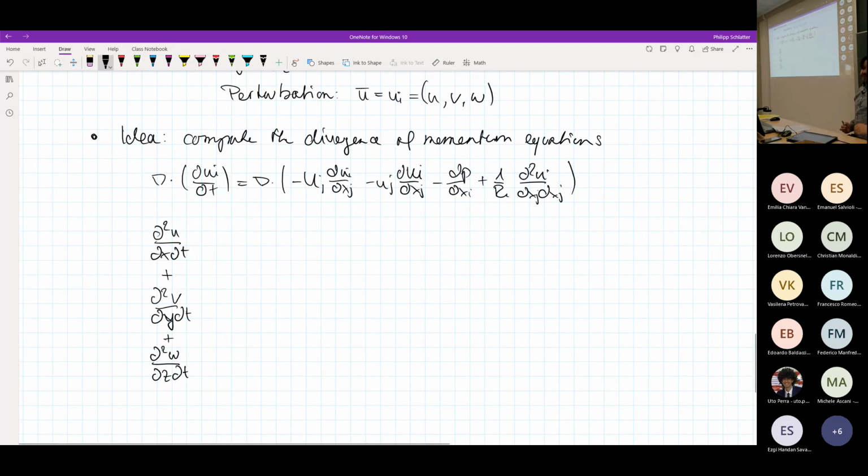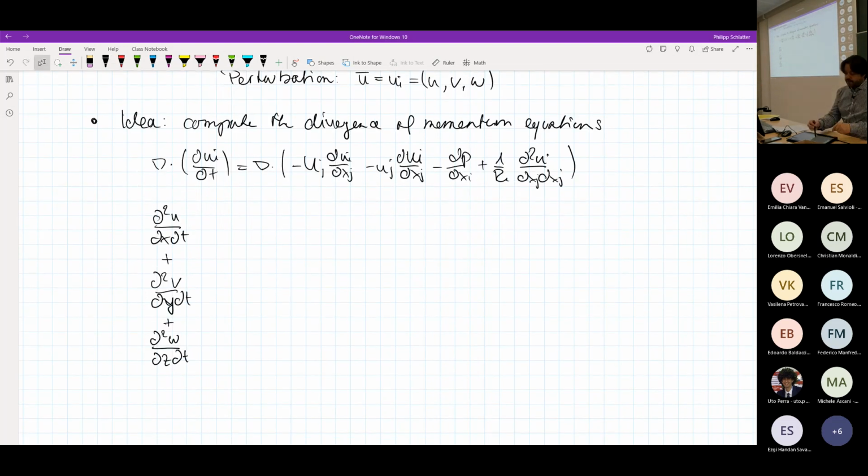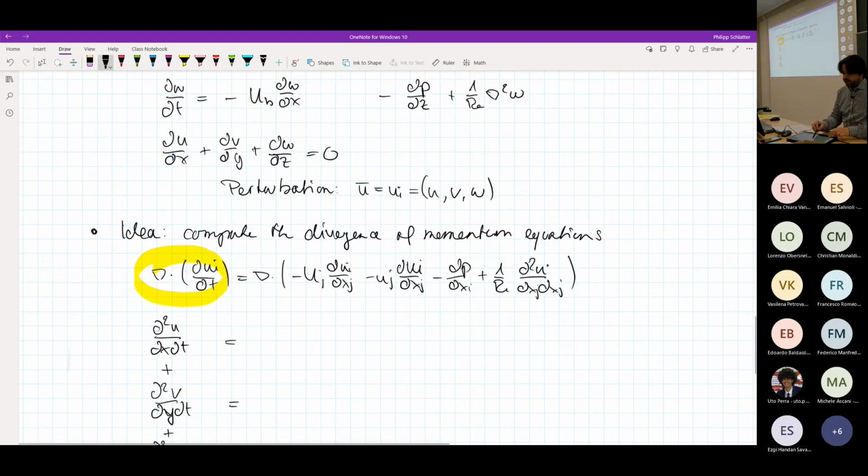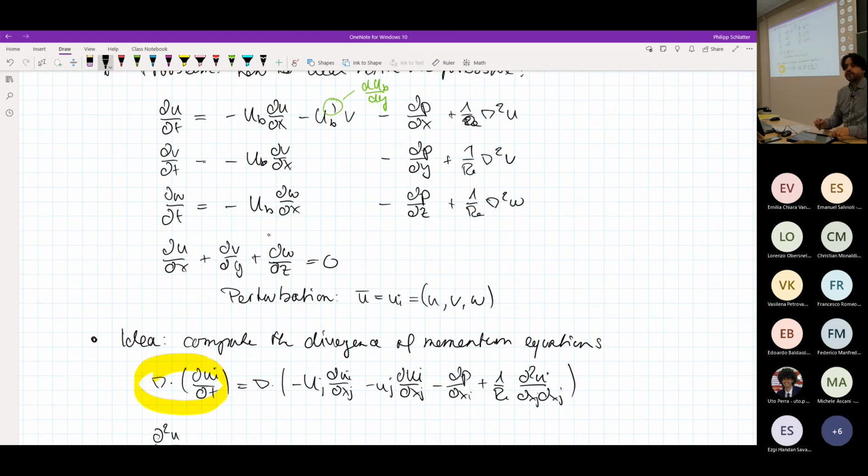I'm writing it in this kind of weird way, so that on the left side I just have the sum, or the divergence here, which is of course the sum of the x, the y, and the z component. So that I can write here on the right side, essentially the divergence of all of these terms independently.